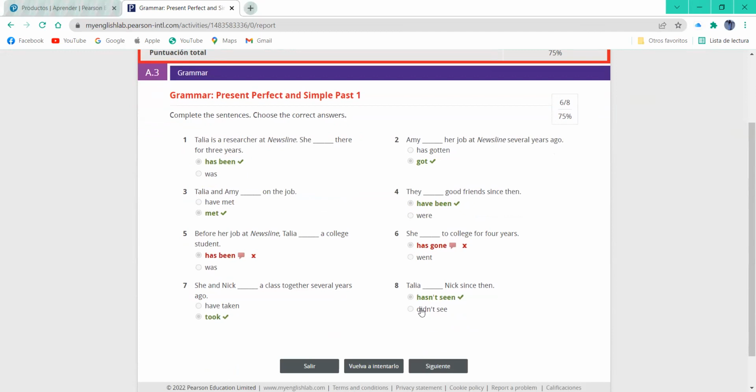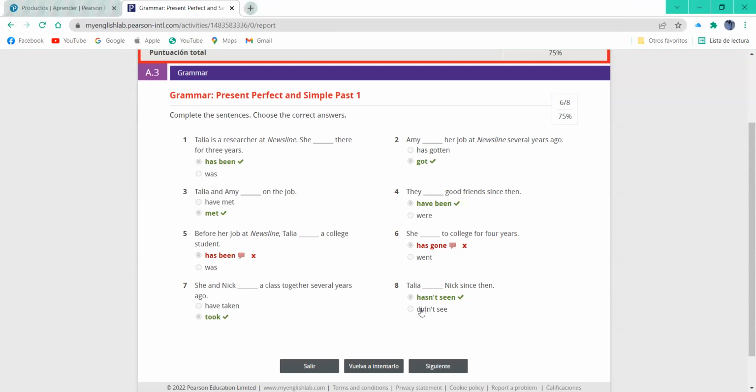Porque aquí ya nos muestran un tiempo exacto en el pasado. Nos dice, antes de su trabajo en Newsline, o sea, ya terminó la universidad, ya empezó su trabajo, y es por eso que utilizamos simple past. ¿Ok? Porque no puede seguir, digamos, ahora en el presente, aún en la universidad.